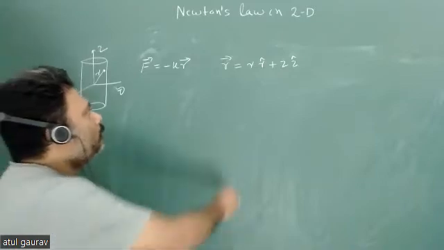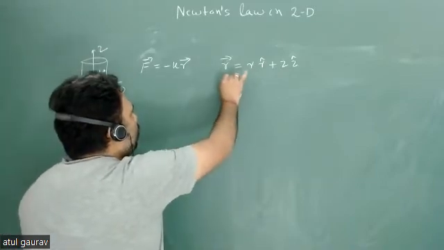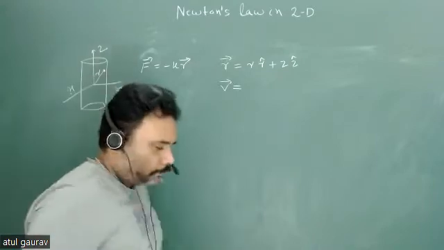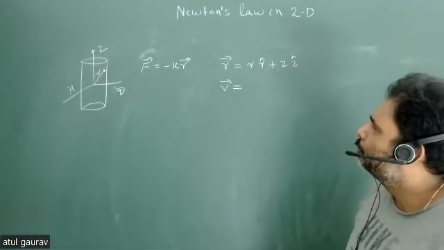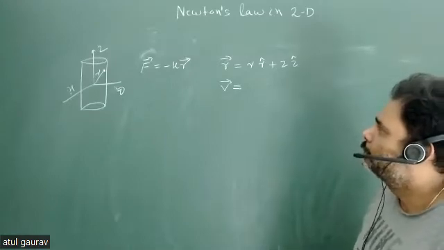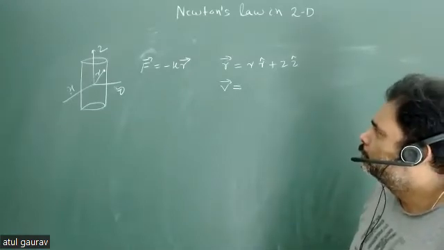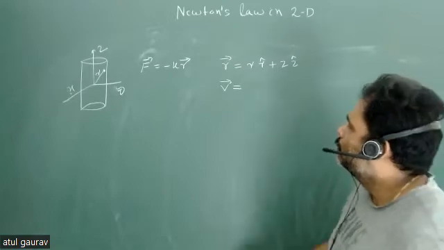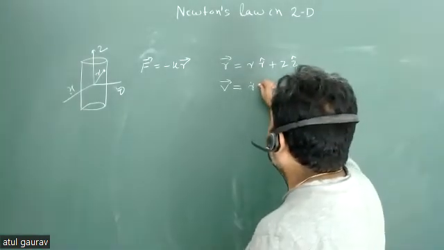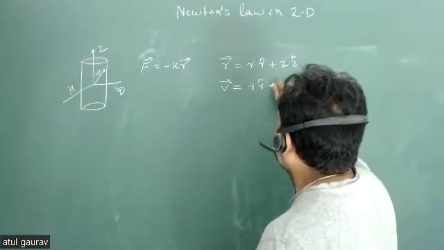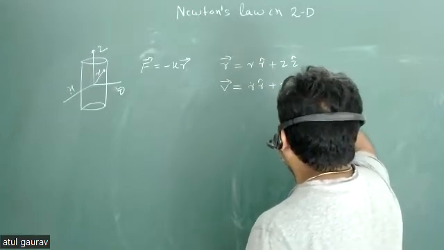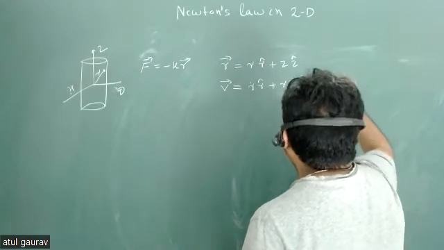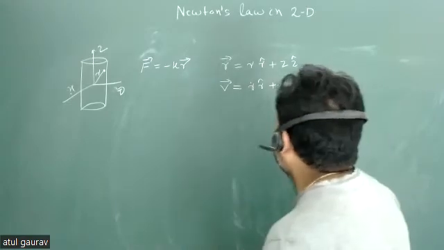Now what will be the velocity? Can someone tell me what the velocity will be? r dot r cap, very good, plus r theta dot theta cap, plus z dot z cap. Very good.